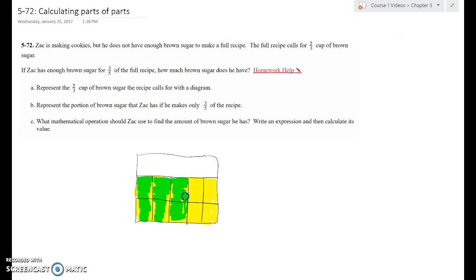And this is how much of the recipe he can make. He didn't have all of the brown sugar that he needed to make one recipe. This is how much brown sugar he has to make 3/5 of the recipe.